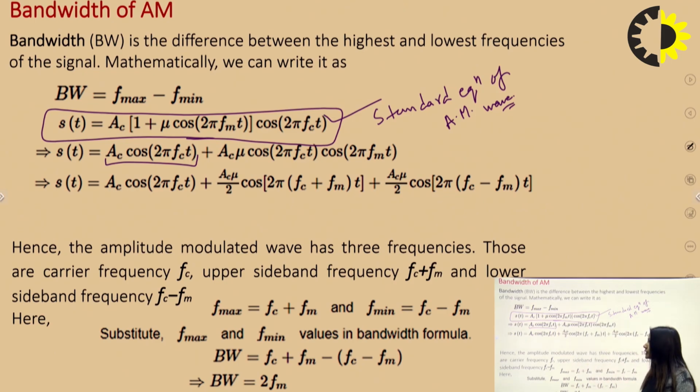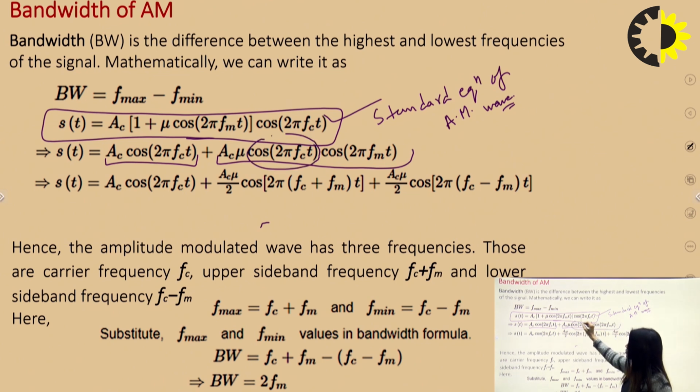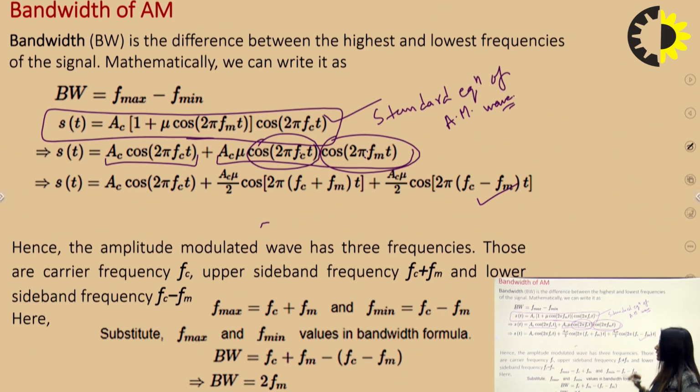One component is this one, and another component will be the multiplication of two cosine terms. I will open it. These two angles will be added, and then the two frequencies will be subtracted.